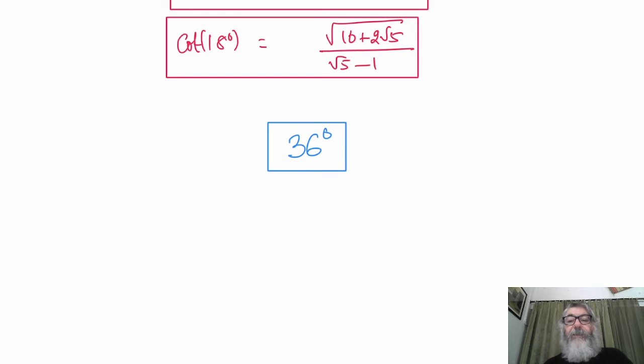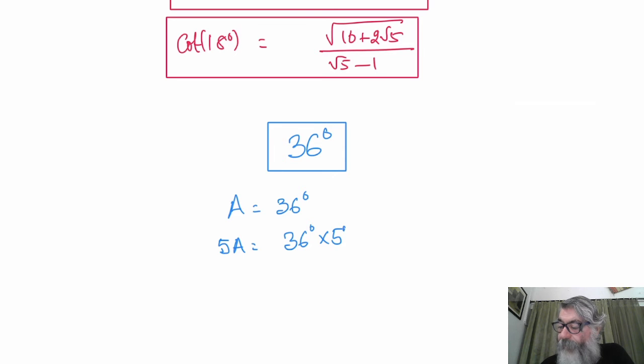Like we did 18 degree, we say A is equal to 36 degree. For 18, what we did was 18 into 5 was how much? 90. Now 5A will become how much? 36 into 5. That will become equal to 180 degree.